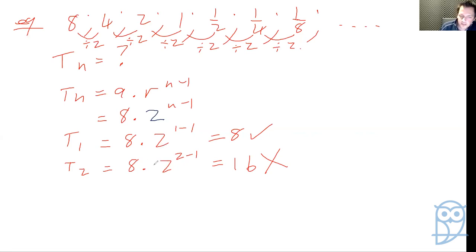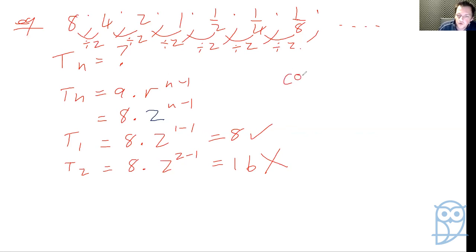So we have an option. What if we make it minus 2? Well, if this is minus 2, it'll be 8 times minus 2, giving you minus 16. So yes, you're making it smaller, which is good, but you're still not the right value. So the problem is if you were thinking of doing this, you did not read my definition of what you're meant to be doing in a common ratio.